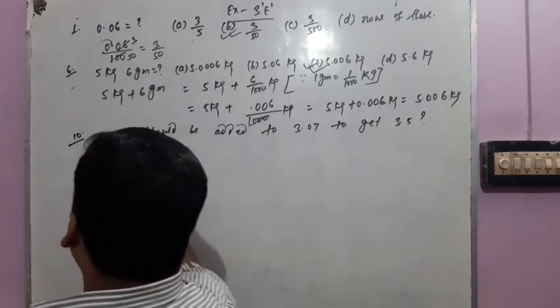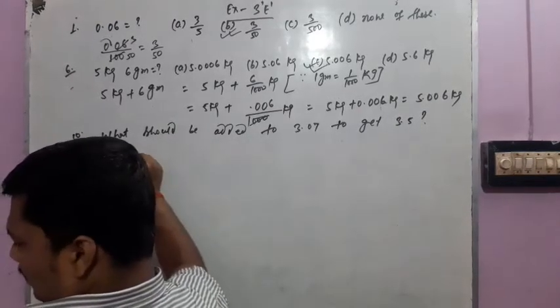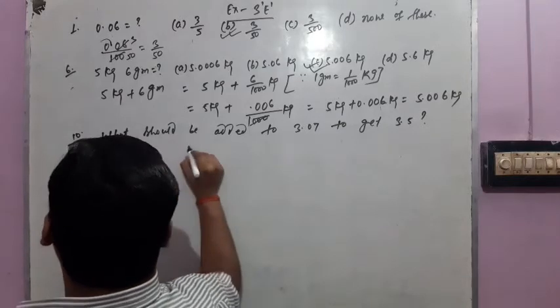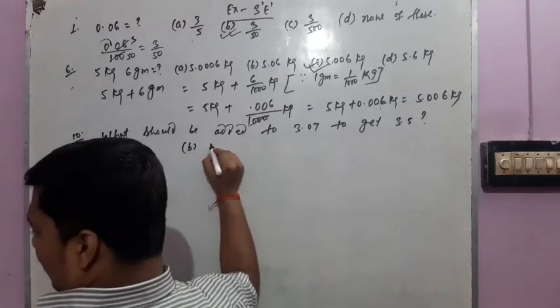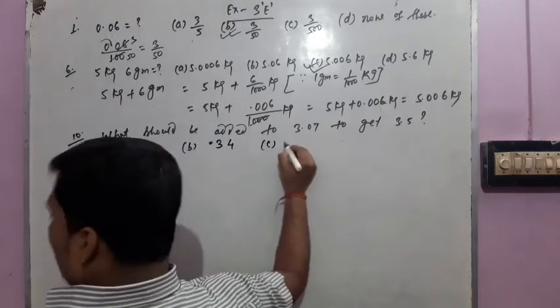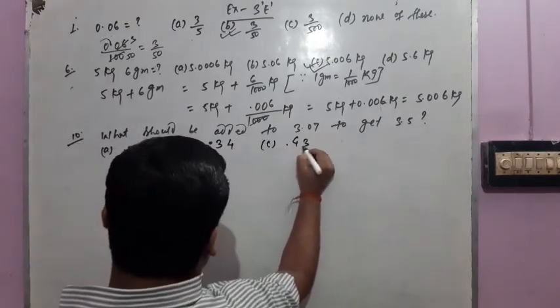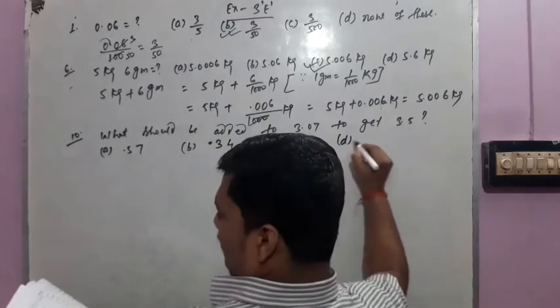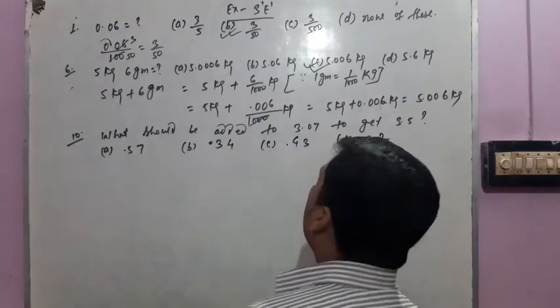The options are: A, 0.57; B, 0.34; C, 0.43; and D, 0.02.